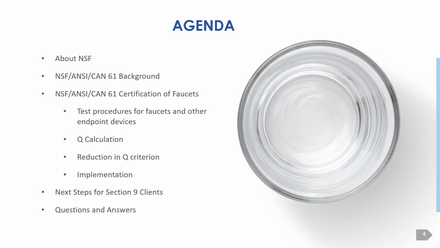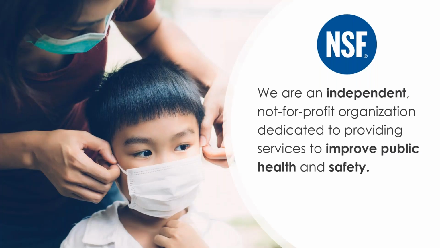And then I'll go on to describe the reduction in the Q criterion from its current 5 micrograms to its new 1 microgram criteria, and show you how this change will be implemented under the standard. And then I'll end with talking about the next steps required for section 9 clients to have their products evaluated to this new criteria. And then we'll have time at the end for some questions and answers.